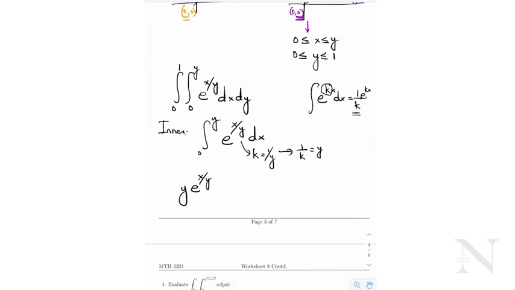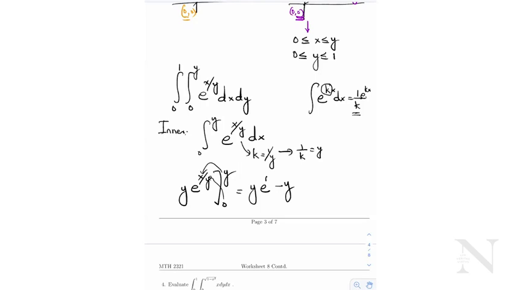I just plug in k equal to 1 over y there, and then you are plugging in for x here, not for y. So this gives you y times e to the power of y over y, which is 1, minus y times e to the power of 0, which is 1.